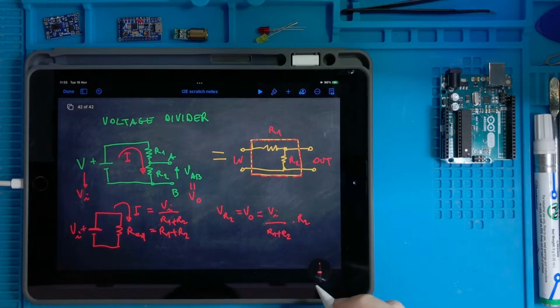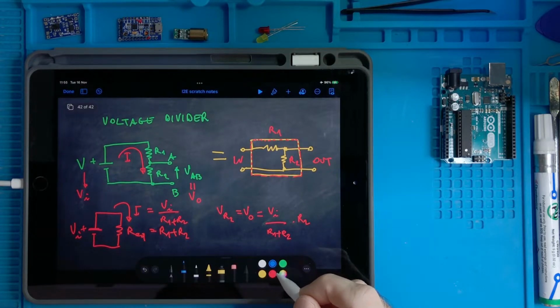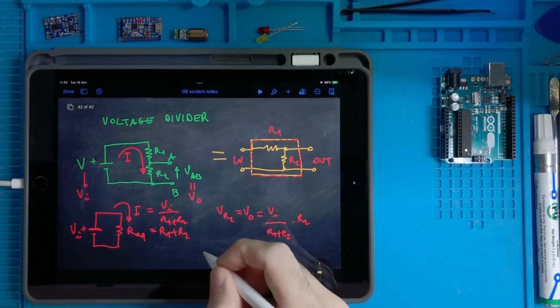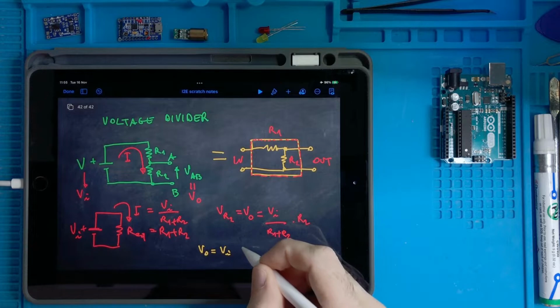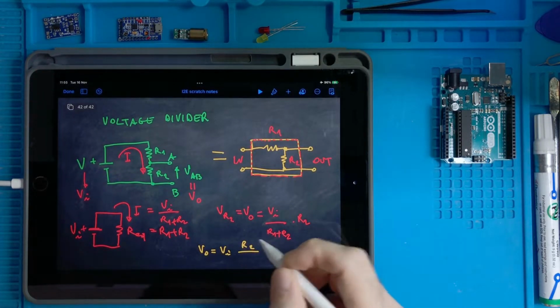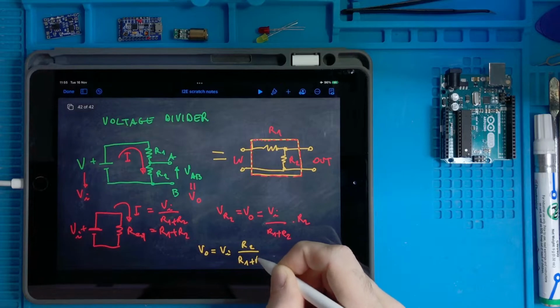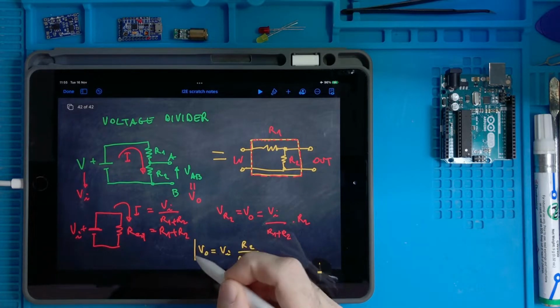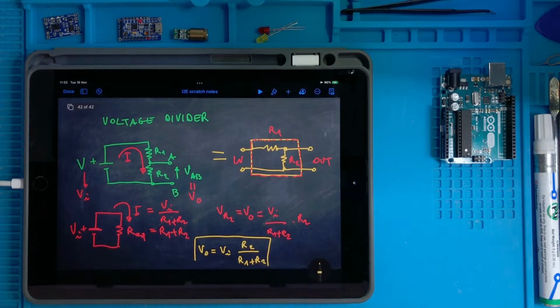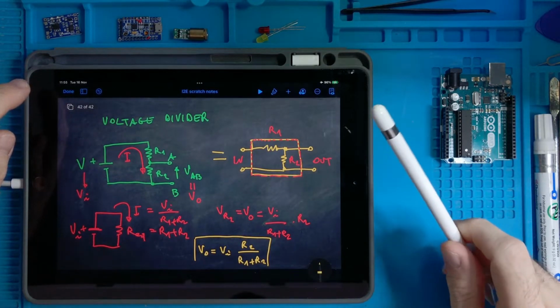If I write it better, you obtain that the output is equal to the input multiplied by R2 over R1 plus R2. So this is another thing that is good to remember forever, like Ohm's law and the parallel and series circuit rules, because it turns out to be very useful, and now we will see an application of this.